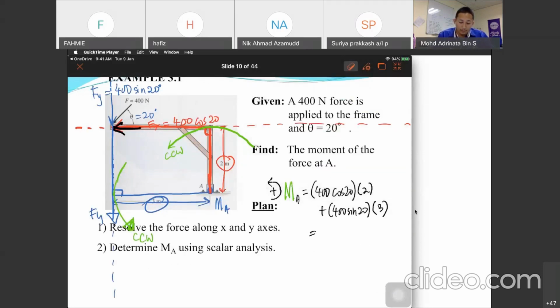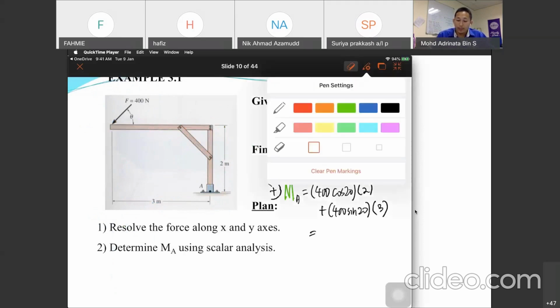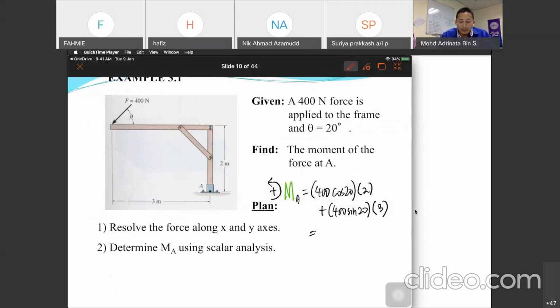How do we define the counterclockwise? The first one, we have our Fx, and Fx is acting on this line, continuing on, so it does not touch point A.